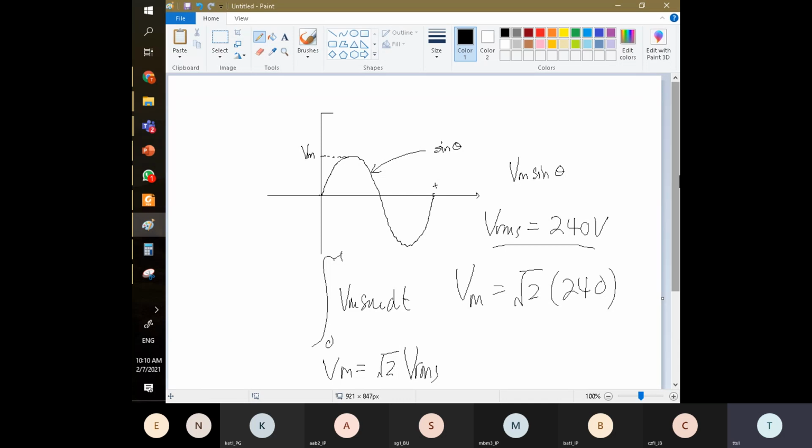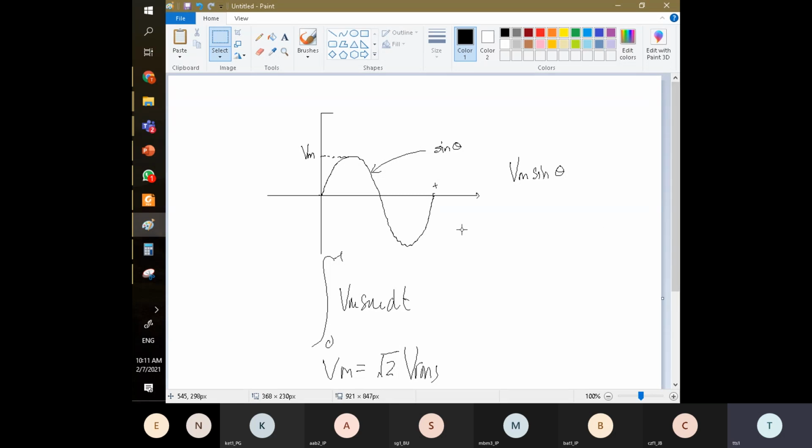So to calculate the RMS value, this is too technical, I don't want to confuse you right now. The RMS value is equal to, first we need to take the square root, and then from 0 to t, Vm sine omega t, the whole thing you need to square because of root mean square.